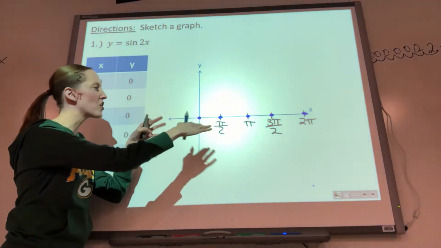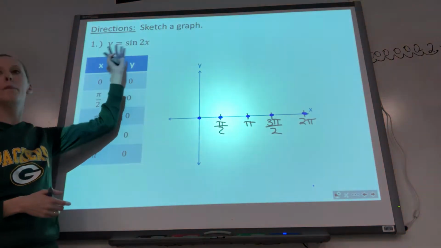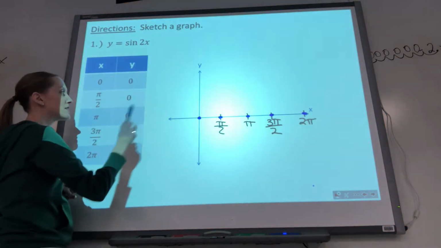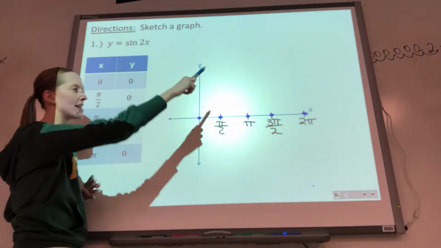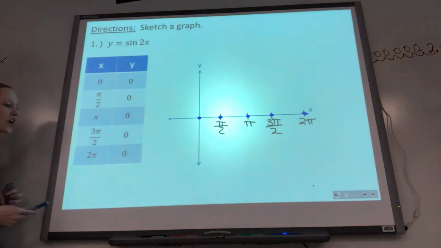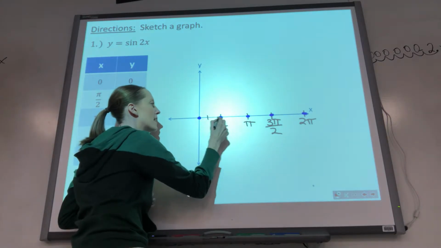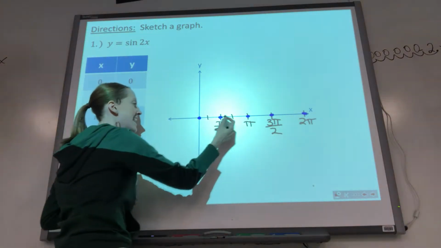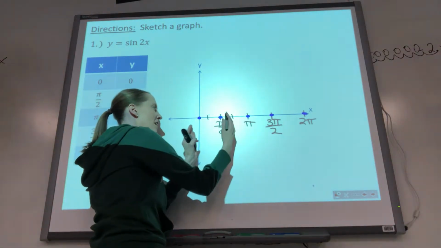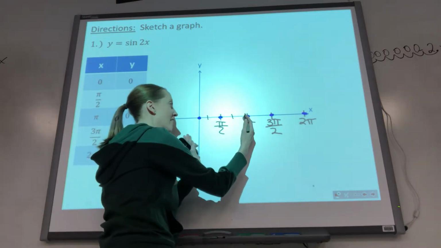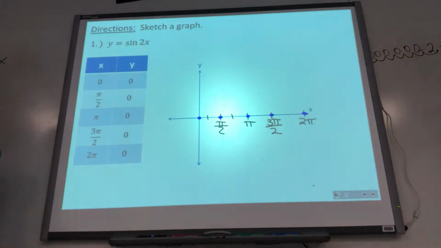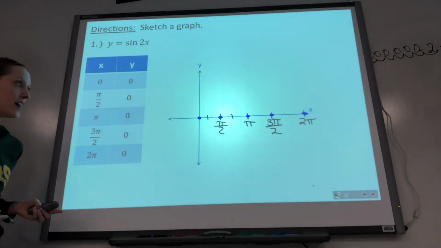It's not a straight line. According to our parent function, it should start and go up and then down and keep on doing the curves. So I'm going to go ahead and find a couple x values in between what I already have to try and get that nice looking curve.